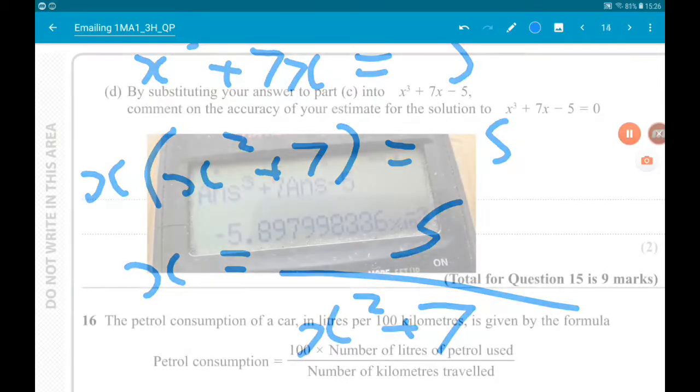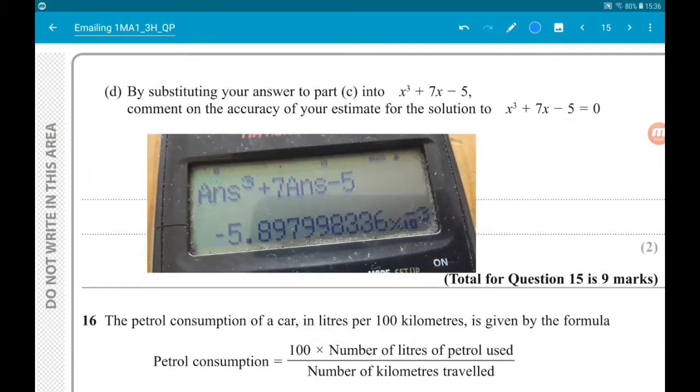Boom. Okay, then for part D, by substituting your answer to part C into x cubed add 7x minus 5, comment on the accuracy of your estimate for the solution to x cubed add 7x minus 5 is equal to 0.